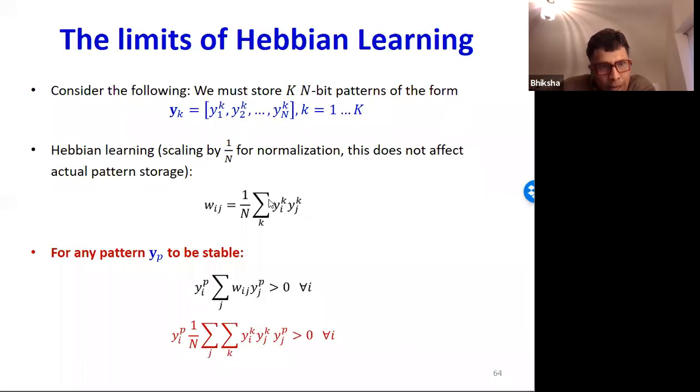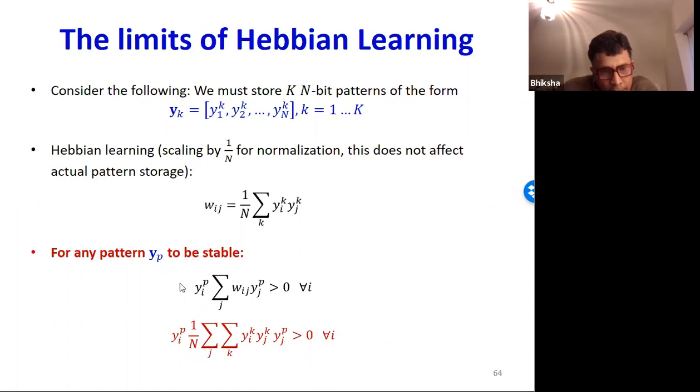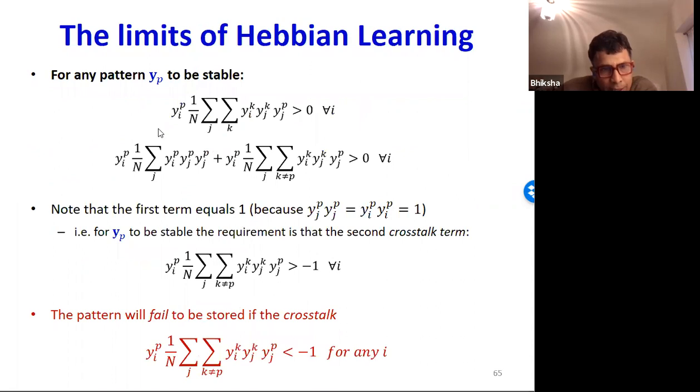And it turns out that if you work out the math, there's a very specific criterion. Basically, for any pattern, remember, this behavior is required: you want the product of the bit at any location and the field at that location to be positive. If you're using Hebbian learning, then you're guaranteed that if you're storing only one pattern, this will be positive. But then you get the contributions of the averages of the other patterns, and these can drive the total energy to become negative.